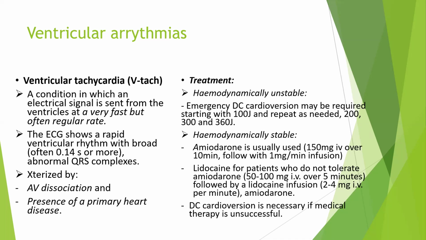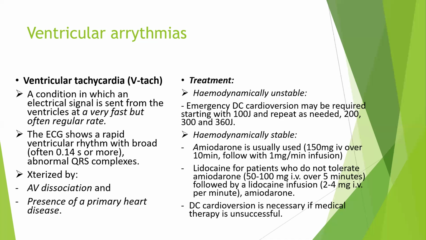If the patient is hemodynamically unstable, remember this is cardioversion because this patient has a pulse and is in ventricular tachycardia. But if the patient is stable, you want to use pharmacological methods, your amiodarone, lidocaine. But if your pharmacological treatment fails, you may want to cardiovert this patient.